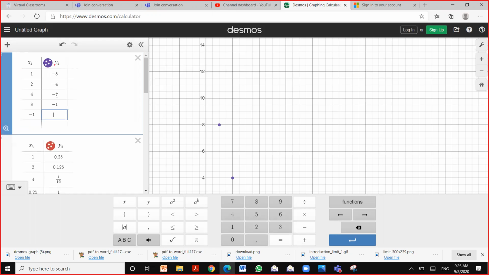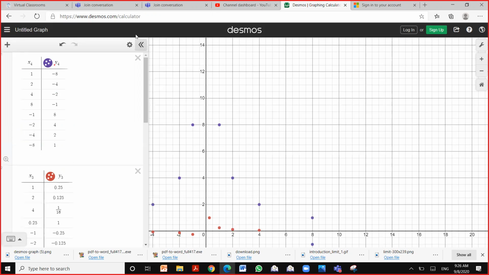Negative 1. It's negative 8 over x. I want to sketch negative 8 over x now. If it is negative 2, it is 4. Negative 4, it is 2. And negative 8, it is 1. Now look at this graph here.